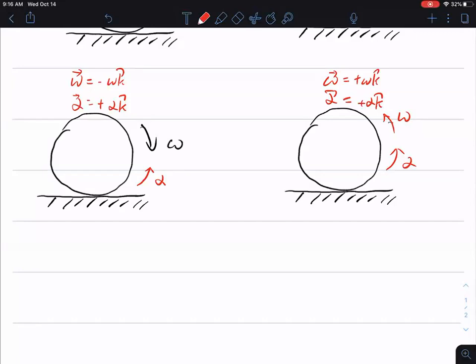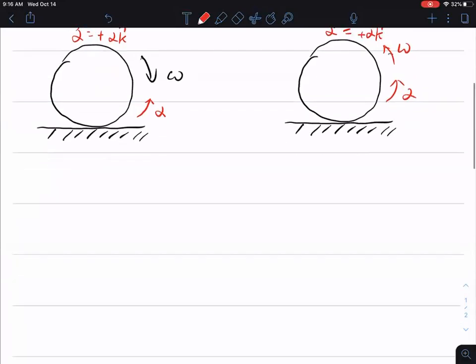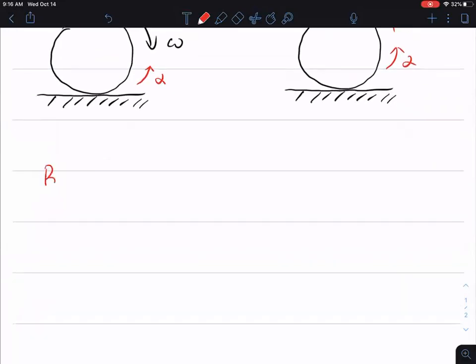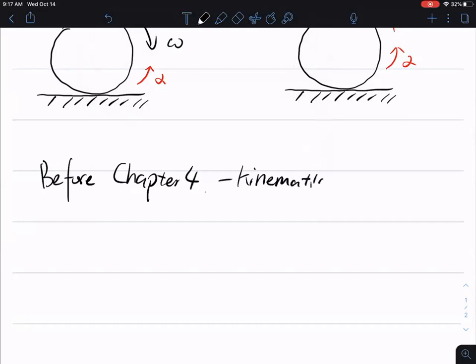But from chapter 4, before chapter 4, we have kinematics. And we did kinematics on particles and rigid body.